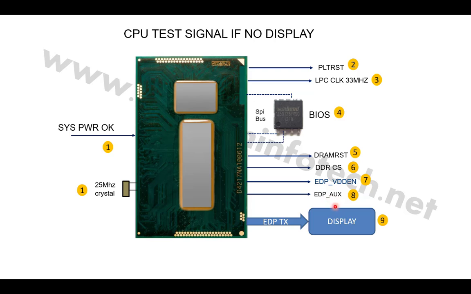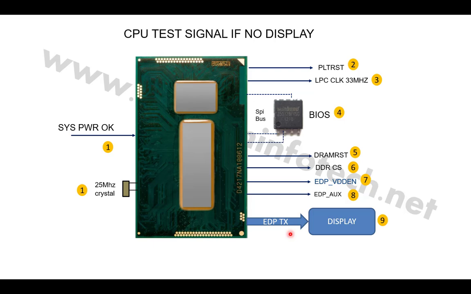The EDP AUX signal is a communication between the LCD and the CPU, whereas the LCD tells the CPU its resolution and size. Accordingly, the CPU generates this EDP TX signal. This EDP TX signal carries video information to the display, and then the CPU starts generating graphics information to the display, and then the display appears. So in this way the display appears on the screen.